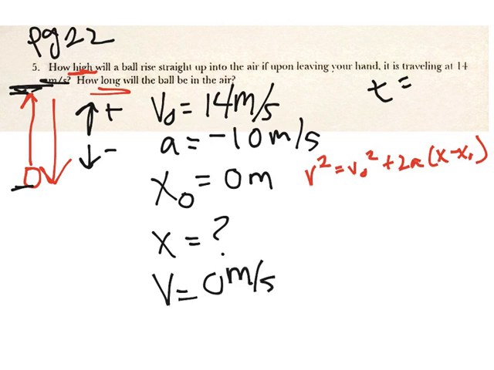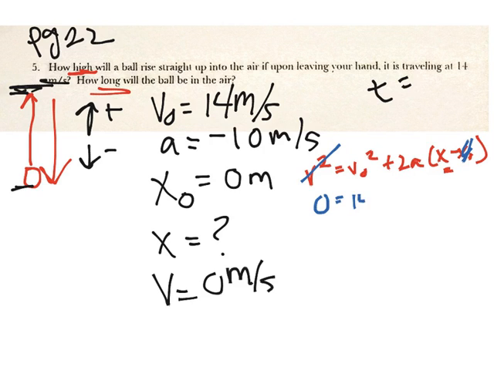So you have v squared equals v naught squared plus 2a times x minus x naught. We want to figure out this x. This x naught is going to go to 0, so I don't care. Our v final is 0, so don't get rid of it because we need a placeholder on that side. But do write that it is at 0.